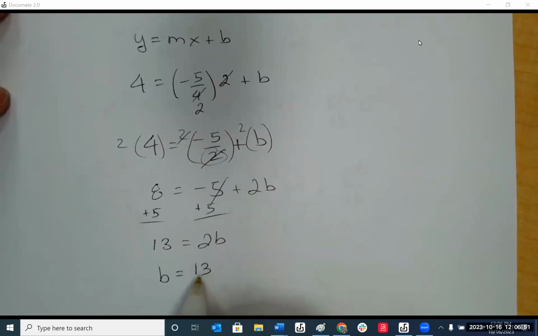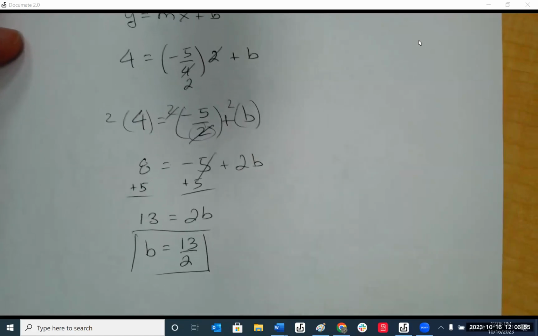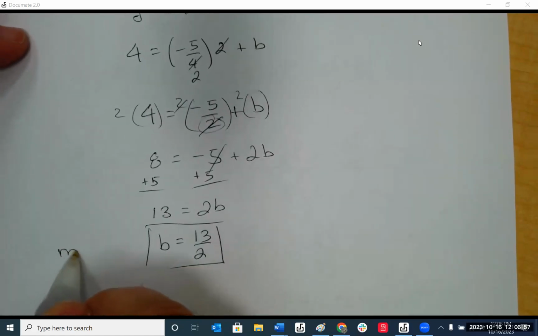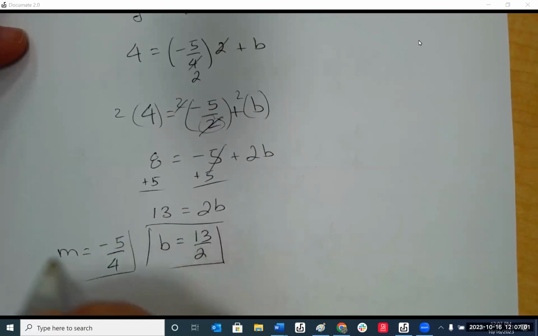So b equals 13/2, and m equals negative 5/4.